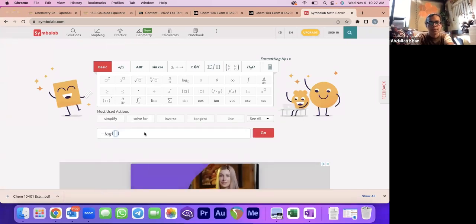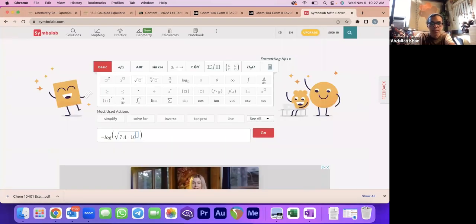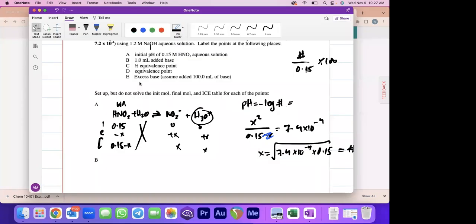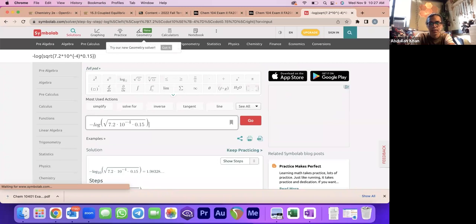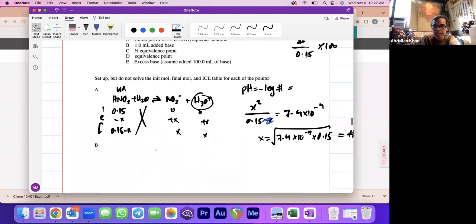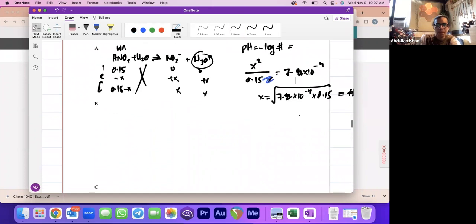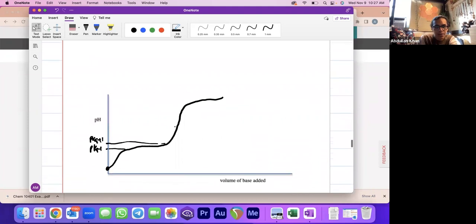Negative log of the square root of 7.2 times 10 to the negative 4 times 0.15. 1.98. Great. That's my initial value. So the first thing here is 1.98.